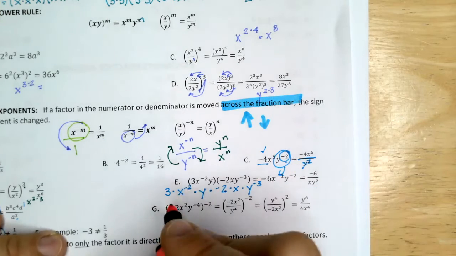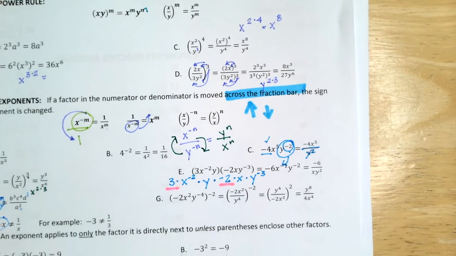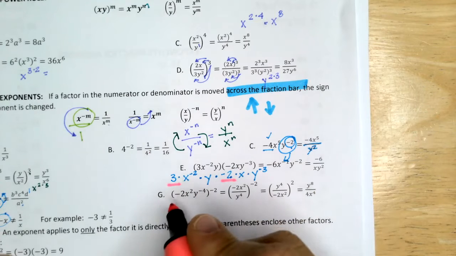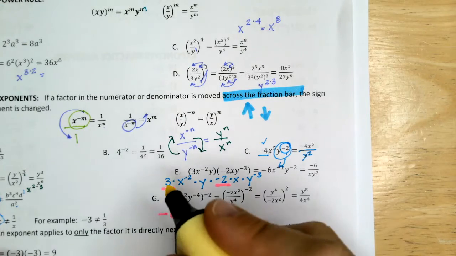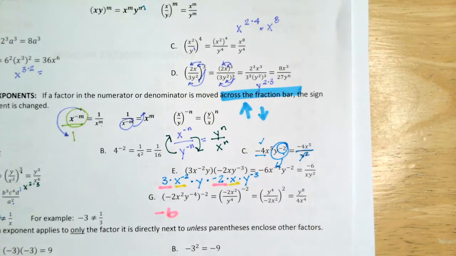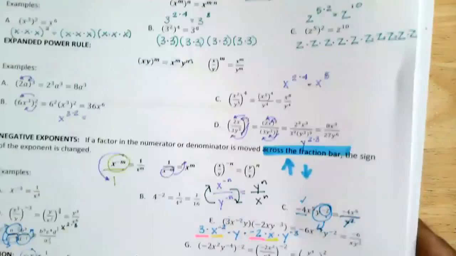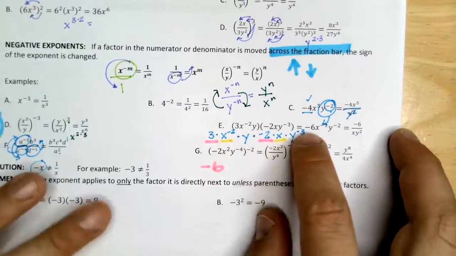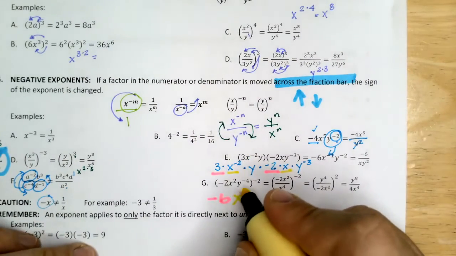We're multiplying all of these, so I can multiply 3 times negative 2, which becomes negative 6, okay? x to the negative 2 times x, right? What do we do if they're being multiplied? We add the exponents. So negative 2 plus 1 is negative 1. So I'm just going to call that x to the negative 1.